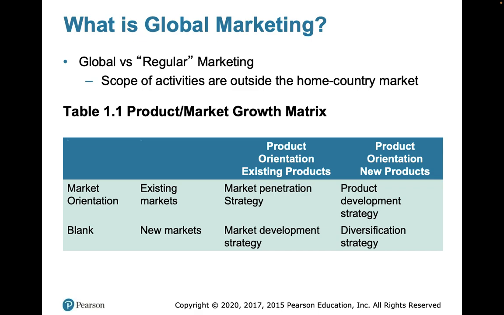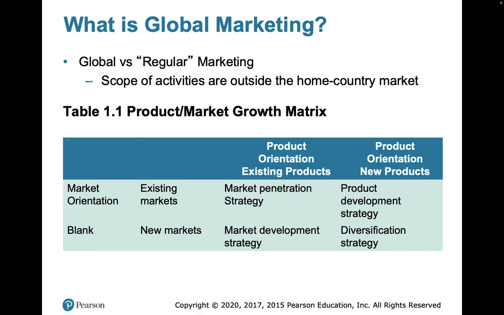Now we've looked at product development and we've looked at market development. So let's look at, is there any other new word? Okay, let's look at diversification strategy. For diversification strategy, you can see it in products. This is another strategy that can be used for new products.